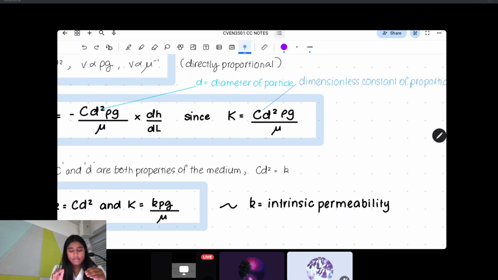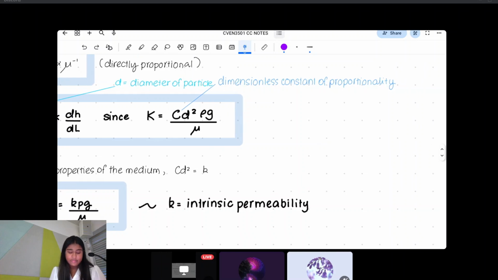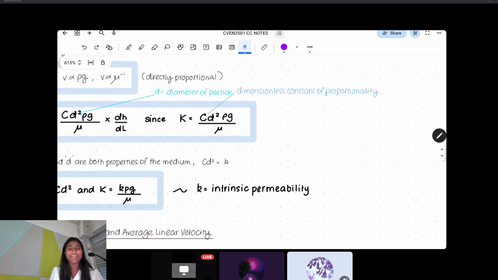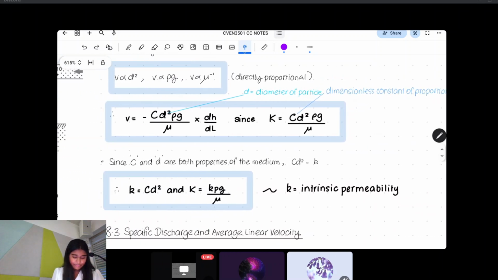Those are the diameters of the particles within the porous medium, which will have a huge impact on the degree of porosity inside the cylinder. And then capital C is the dimensionless constant of proportionality, right?